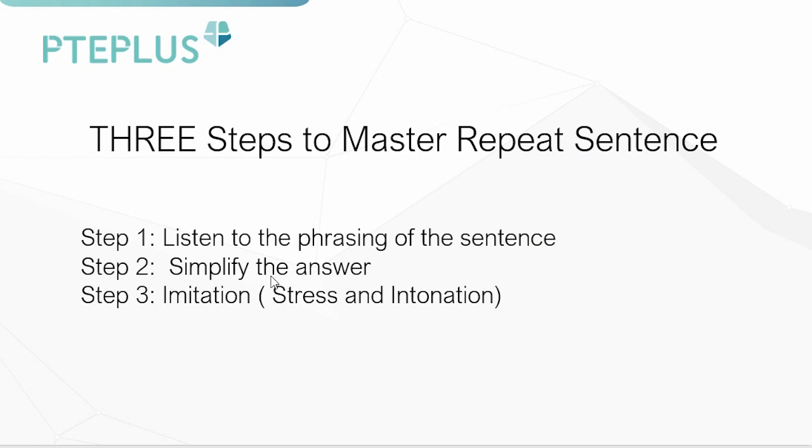We need to learn to simplify the answer, to use the word something to replace what we don't understand, what we don't remember, and any area which we find difficulty with, simplifying the answer in our mind. And finally, imitation of stress and intonation. I can't stress enough that the key to mastering repeat sentence is using these 3 steps and applying them to lots of practice. And through that, you'll be able to find easy success in the repeat sentence section of the PTE test.